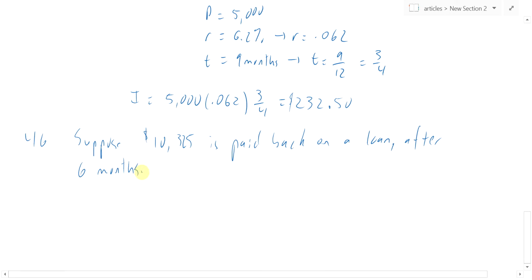So if the interest rate on this loan is 6.5%, what then is the amount that was borrowed?